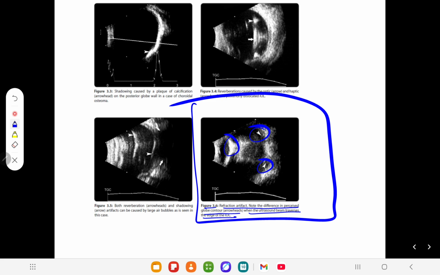So basically, because of diffraction, you see that the posterior pole of the retina is elevated and somewhere depressed, and something shadow-like. Okay, there are a lot of things happening, but you must understand this is the refraction artifact.